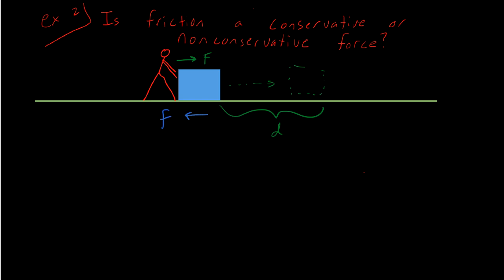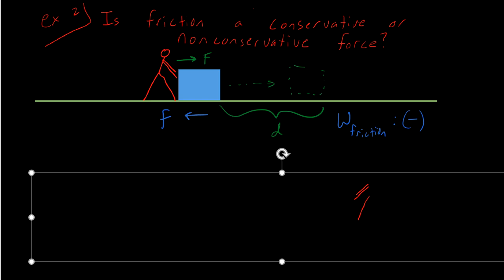Well, is the work done by friction going to be positive or negative in this case? The work done by friction is going to be negative. It's going to be negative because the box is moving to the right, but friction, that force, acts to the left.